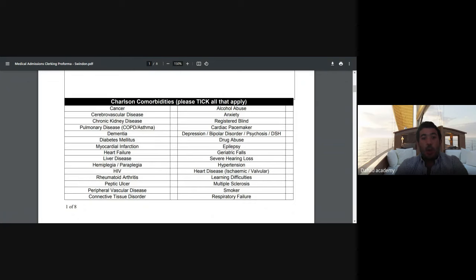And there are comorbidities. The patient had cancer before, has a CVD, CKD, COPD, asthma, dementia, diabetes mellitus, heart failure. Is he alcoholic, anxiety, registered blind? Has he had a cardiac pacemaker, which is one of the most important things if you are requesting MRI? Epilepsy, has he had geriatric falls?